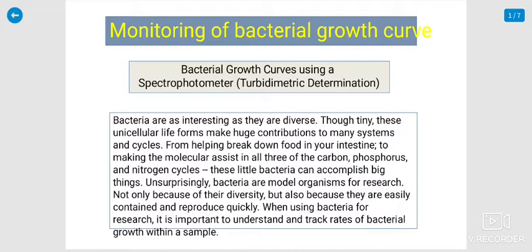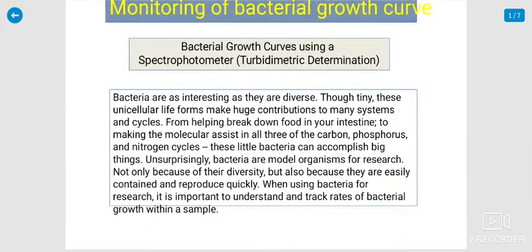Bacteria are interesting as they are diverse. Though tiny, these unicellular life forms make huge contributions to many systems and cycles, from helping break down food in your intestine, to making molecules that assist in all three of the carbon, phosphorus, and nitrogen cycles.